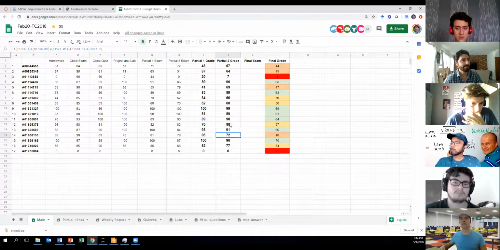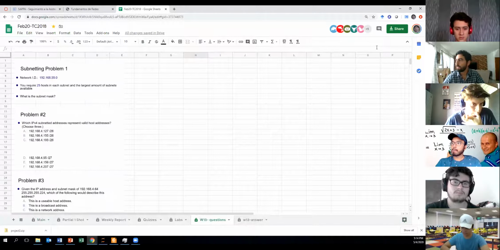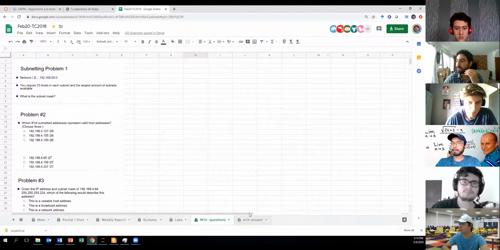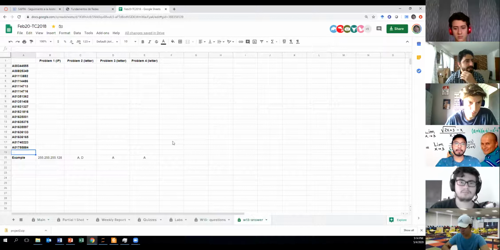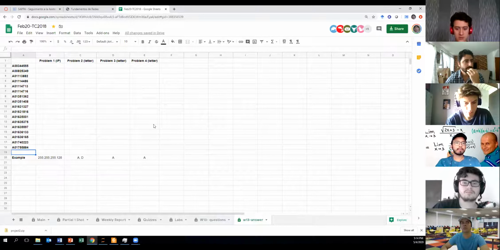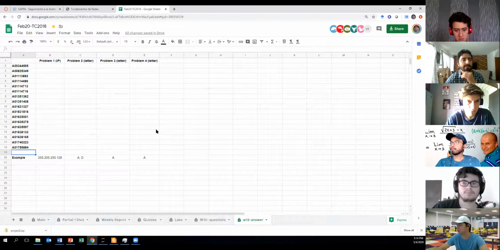Is that clear? Yeah, but do we have to download the worksheet? You don't need to. You can open it online. But if I make changes, wouldn't the changes be made for all of us? You are able to make changes, only in this sheet. If I work on the questions with my team and I answer, wouldn't everyone else be able to see the answers?